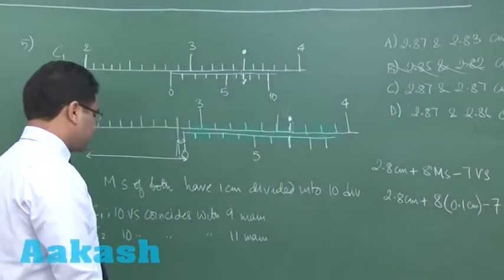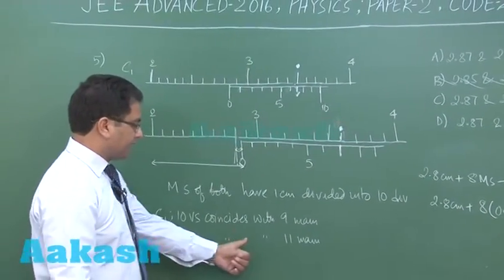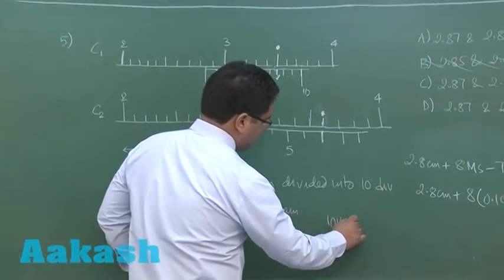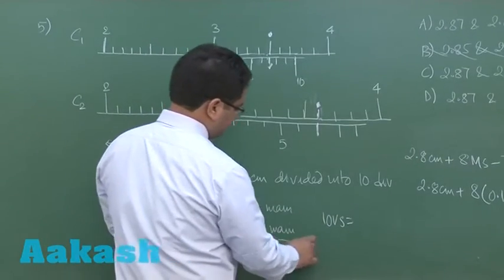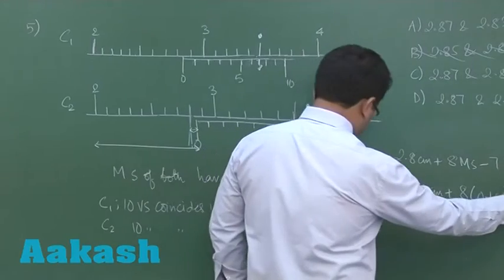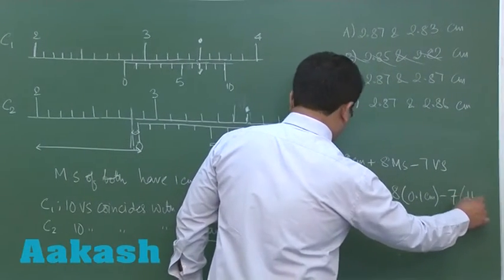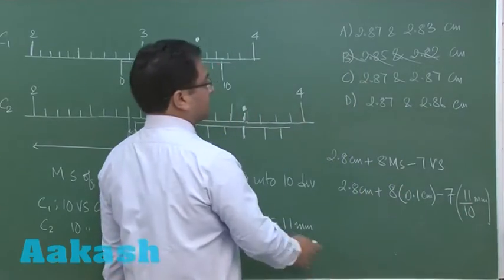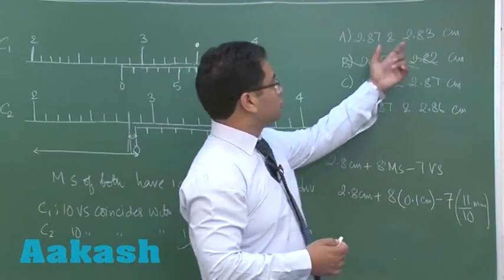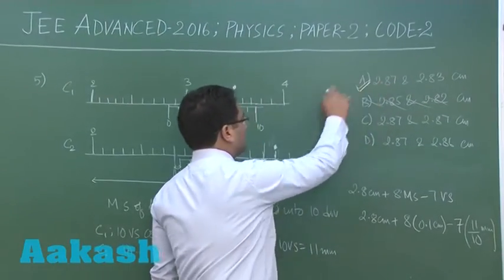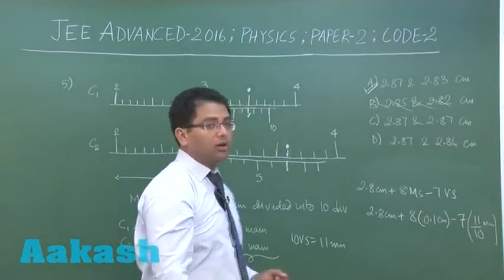Now that's what you have to see. 10 vernier scale coincides with 11 main. So you could see 10 vernier scale is 11 millimeter. So in that way, you just put it here, that's 11 by 10 millimeter. And when you calculate all these things, the final answer would come out to be 2.83 centimeter. So eventually, option number A would be the correct option for question number 5.